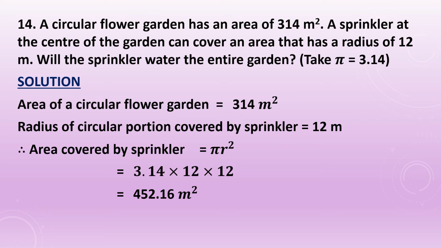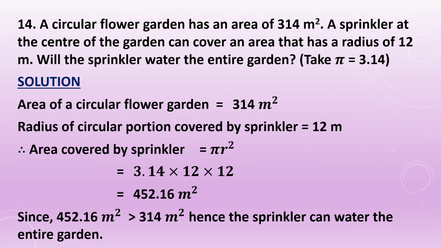So the area covered by the sprinkler is more than area of the circular garden 314 meters square. Hence, the sprinkler can water the entire garden.